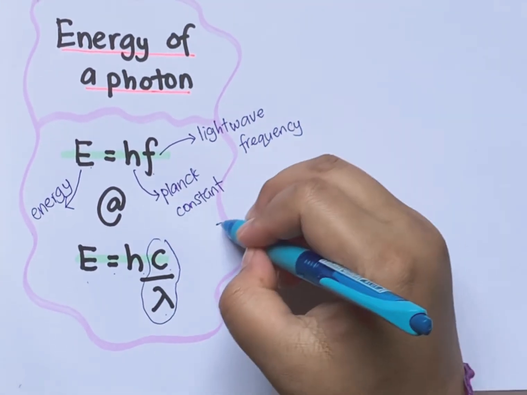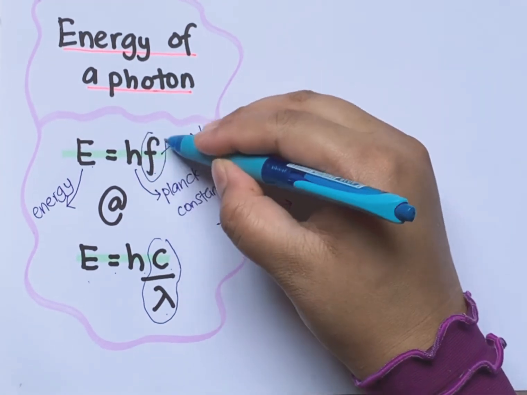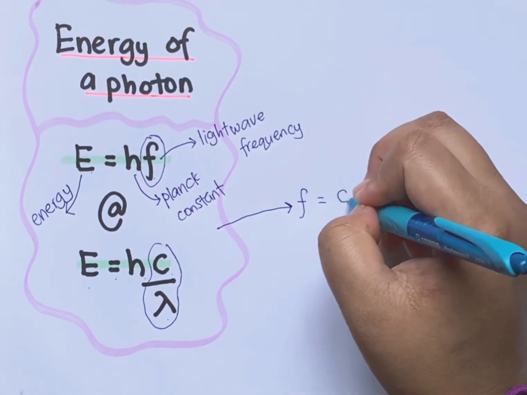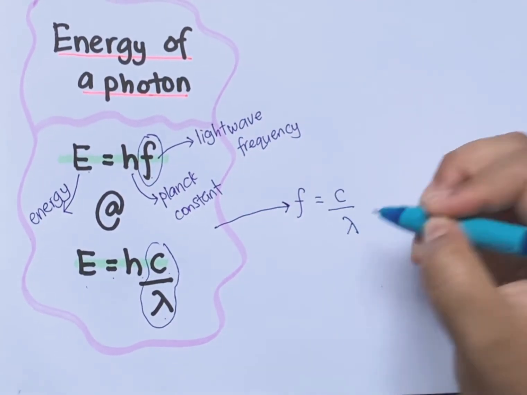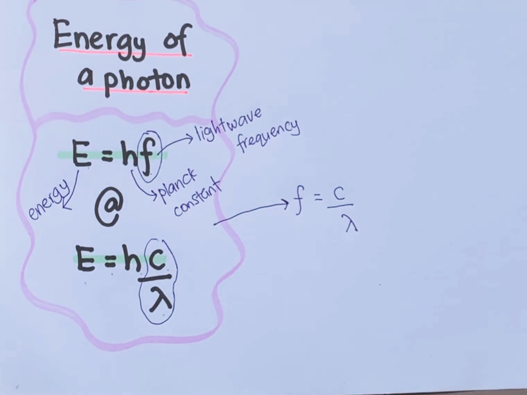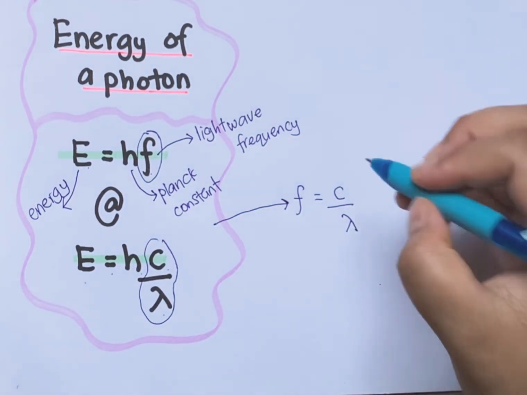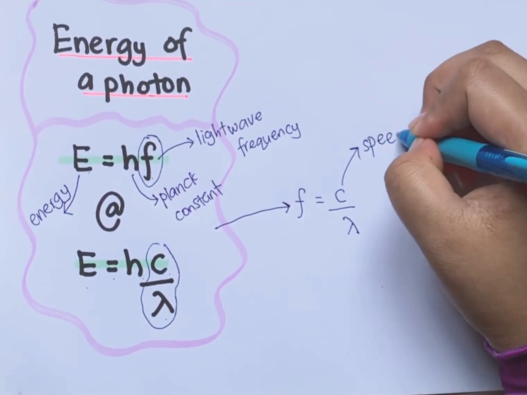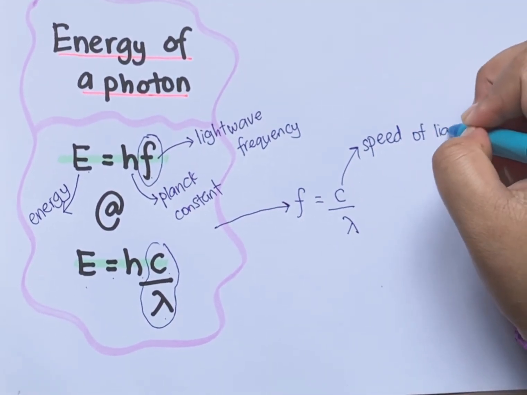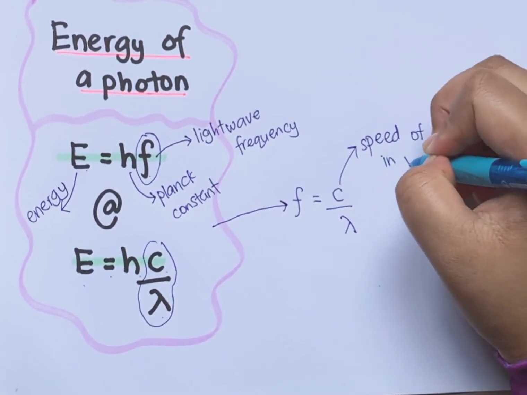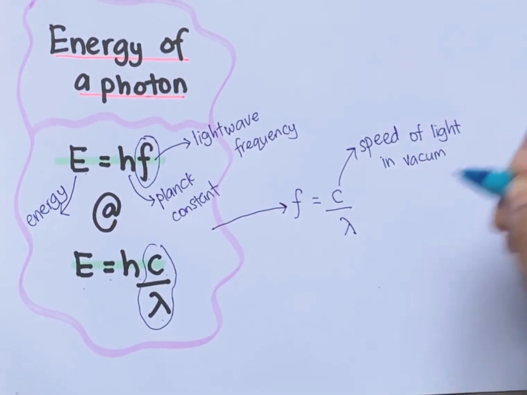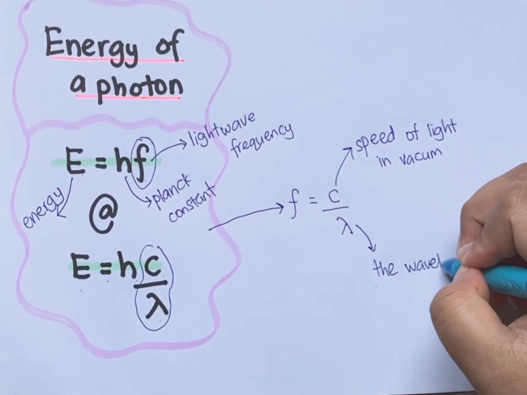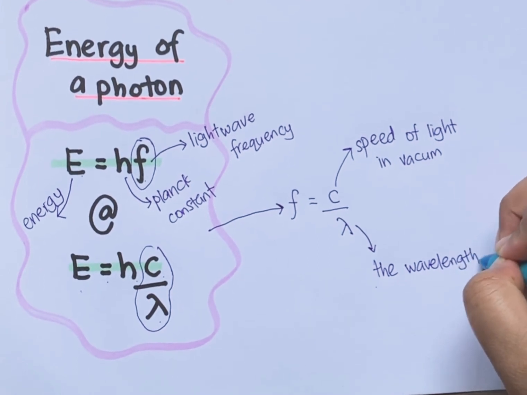As we know, F, the light wave frequency, is equal to C over lambda, where C is the speed of light in vacuum and lambda is the wavelength of the light.